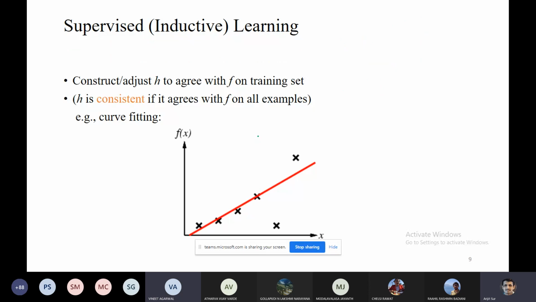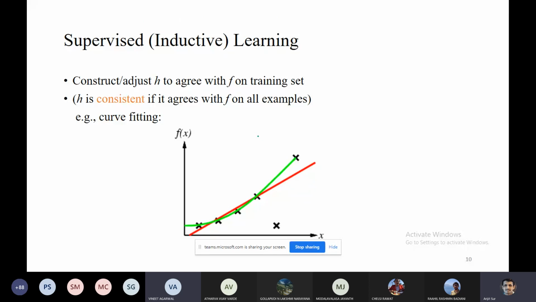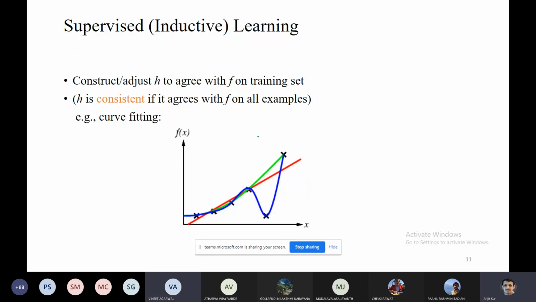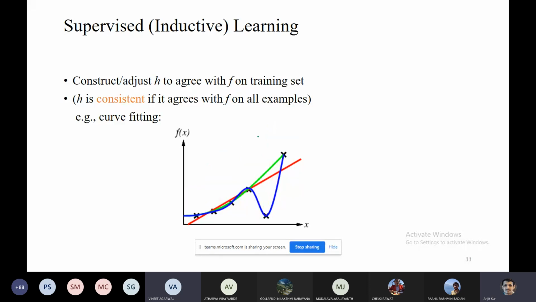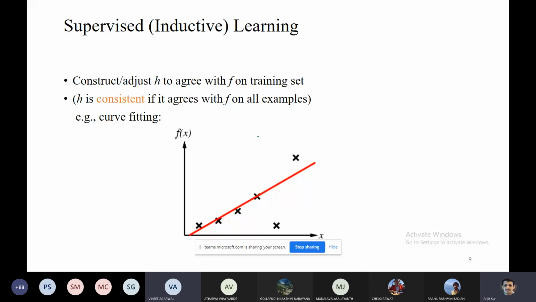This may be a linear curve, or it may be a non-linear curve, some polynomial of a lower degree, or maybe a polynomial of a higher degree. So it is a curve fitting kind of example. We have shown so many curves for these example points.